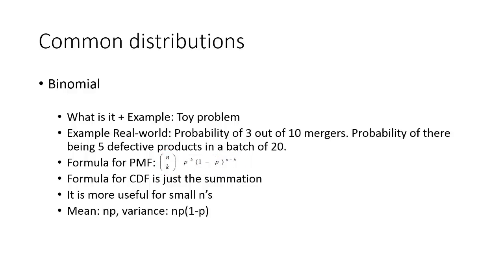And the formula for the cumulative density function, again, it's the same logic that we were discussing with the uniform, which is that for a given k, let's say I'm interested in knowing what is the probability of 6 heads out of 10 tosses, you're essentially looking at everything to the left of the curve.